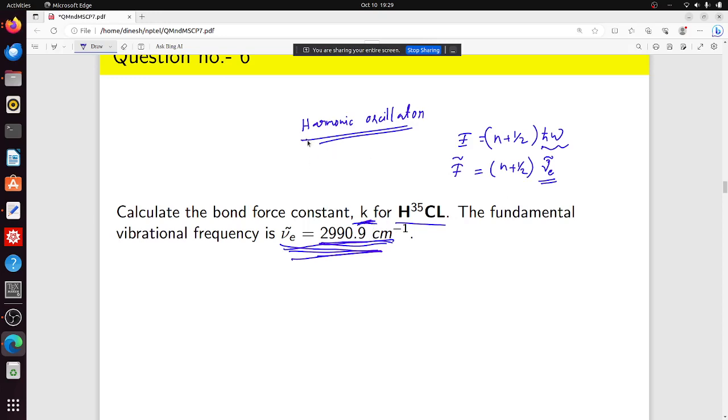So for the case of vibrational spectroscopy, we assume this system to be approximately a harmonic oscillator.